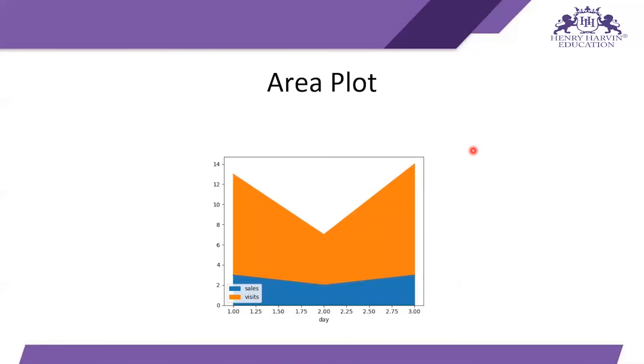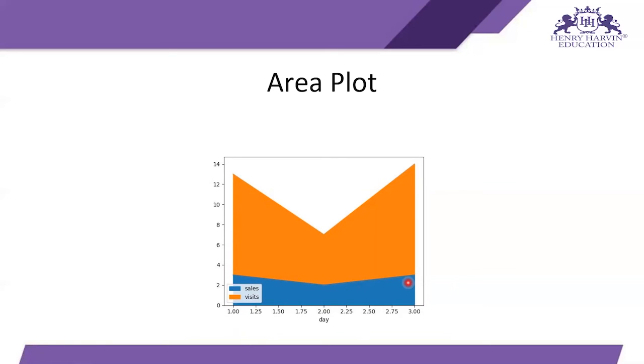And next comes the area plot. Sometimes we have to make an area plot, and this is how we make it. As you can see, I took two values, sales and visits. Visits range from 3 to 13, and sales from 0 to 3. That means there are three sales, and out of the 10 visitors we make only 3 sales. This is day 1, this is day 2, this is day 3.